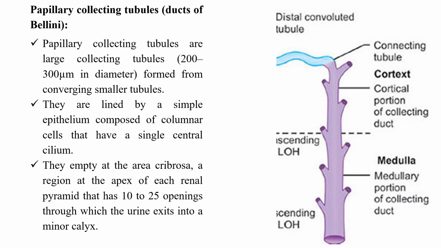The tip of each renal pyramid is called the area cribrosa, where these papillary collecting tubules drain the urine, and each renal pyramid has about 10 to 25 such openings through which the urine exits into the minor calyx. From the minor calyx, it reaches the ureter and finally the urinary bladder. So this is how urine is formed inside the kidney.